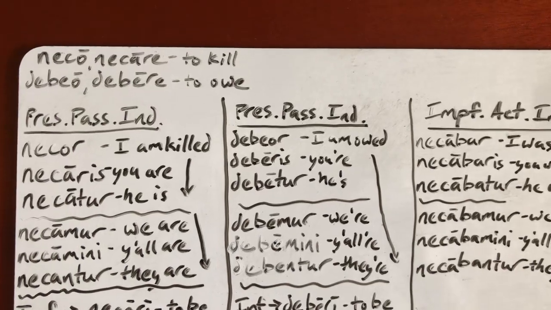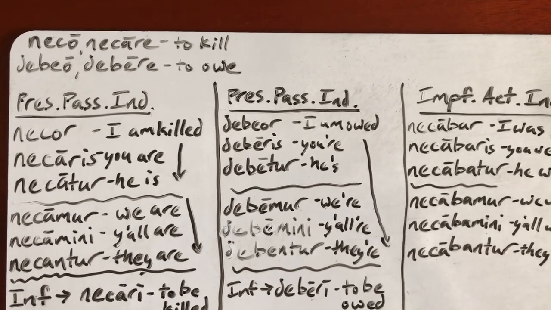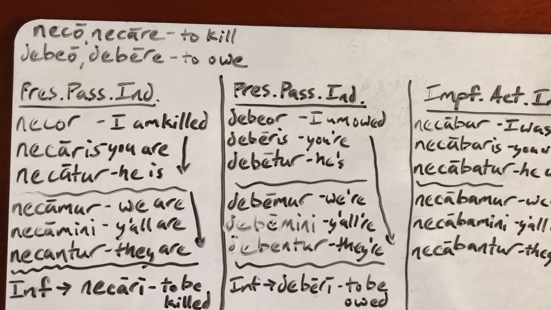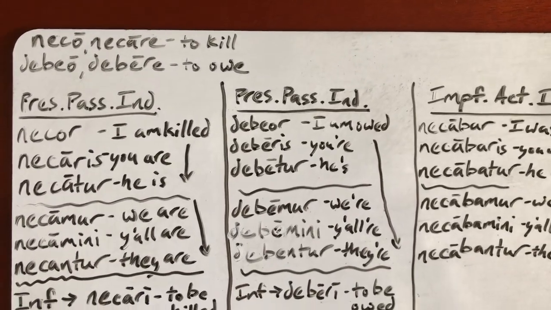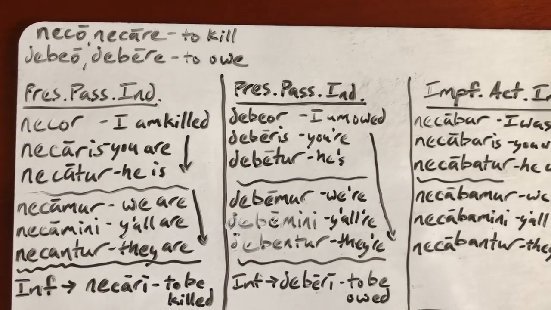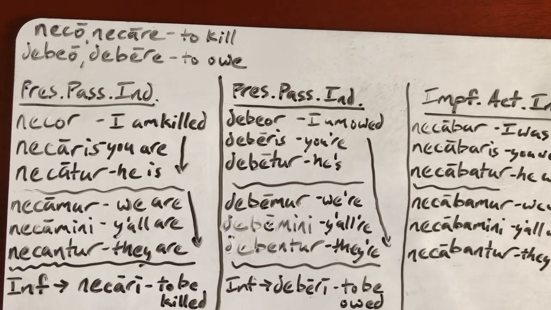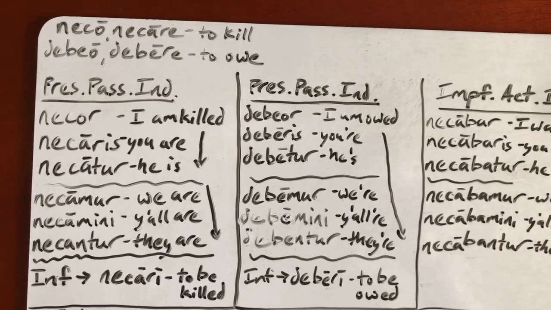Translated the same way, I am owed, you are owed, he is owed. If you want to double apostrophe the second plural so you can get y'all, that's fine. Then you will need to give the infinitive here as well, the passive infinitive, which would be deberi, to be owed.